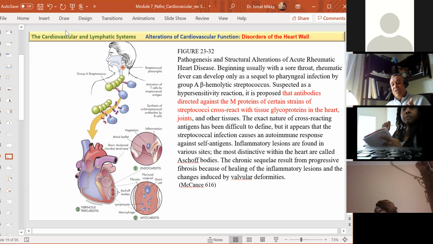That inflammation, with the eventual healing process, results in fibrosis. The fibrotic tissue then makes the valve leaflets dysfunctional, resulting in valvular dysfunctions or deformities.